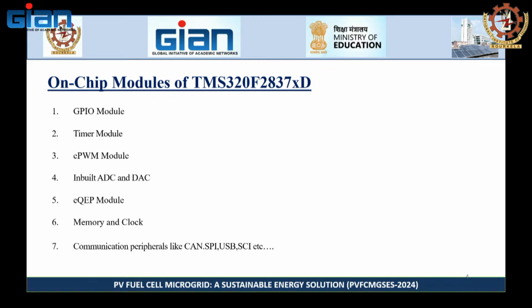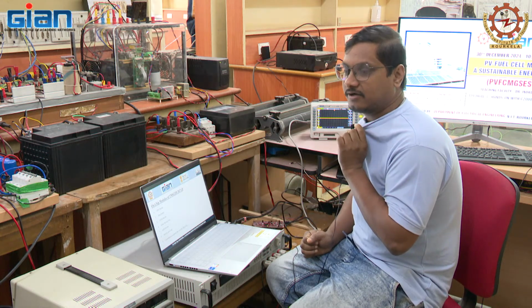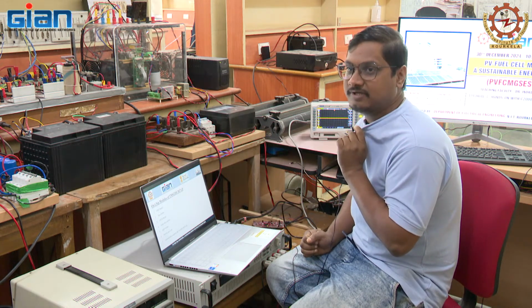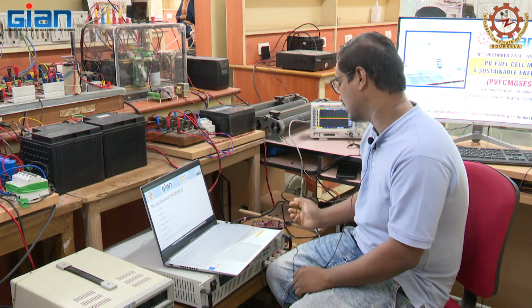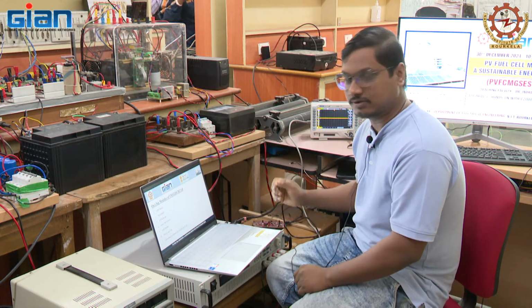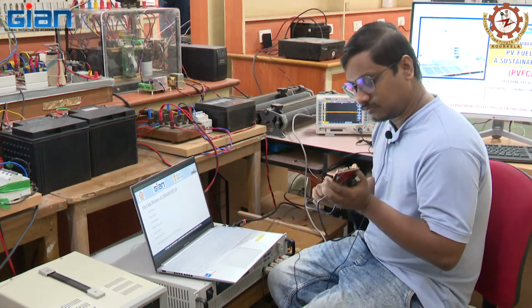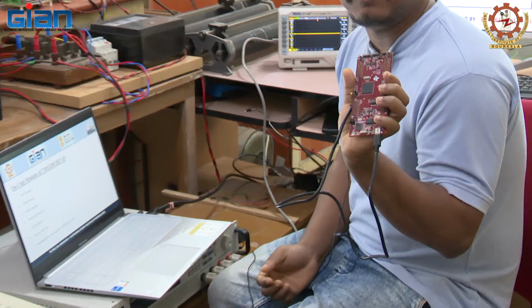Now we are going to see how to interface the TMS320F28370 microcontroller with MATLAB, how to interface a few modules, and we see the results on the DSO. Basically this is the TMS320F28370 LaunchPad board.